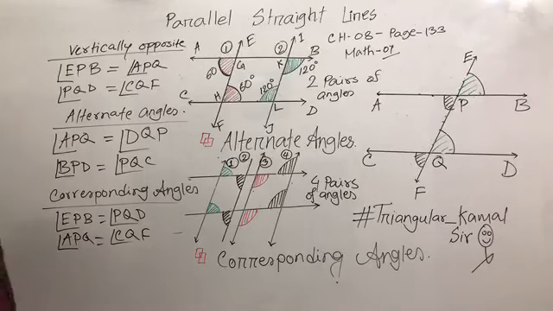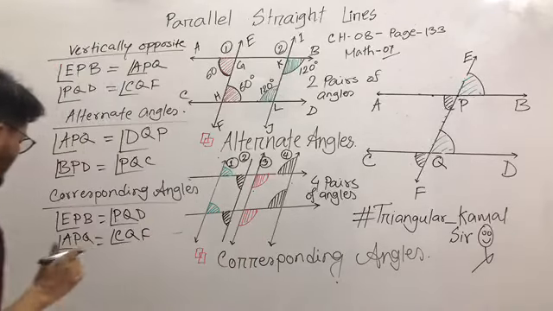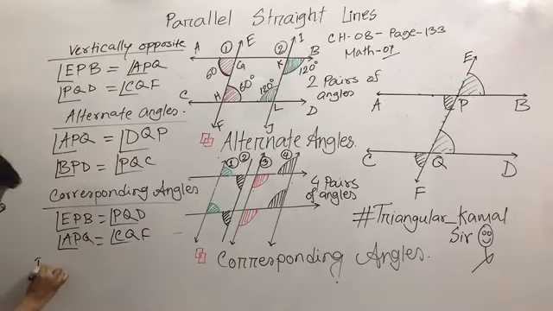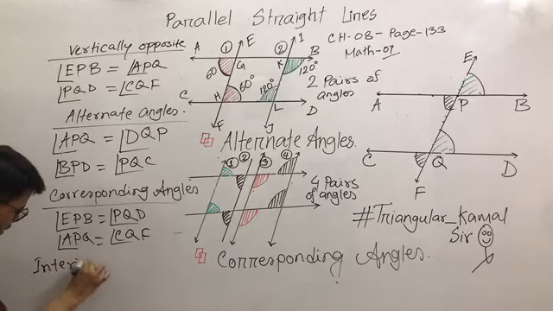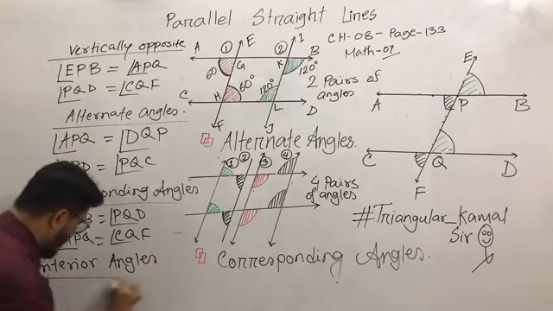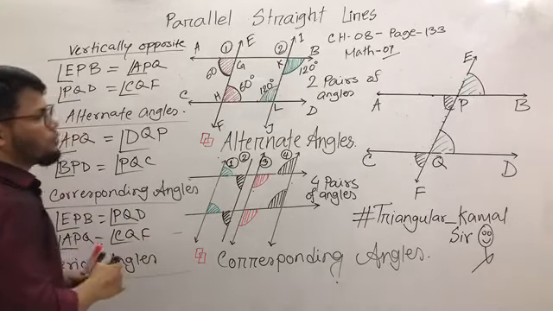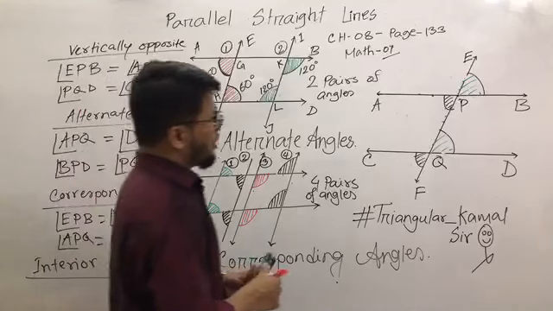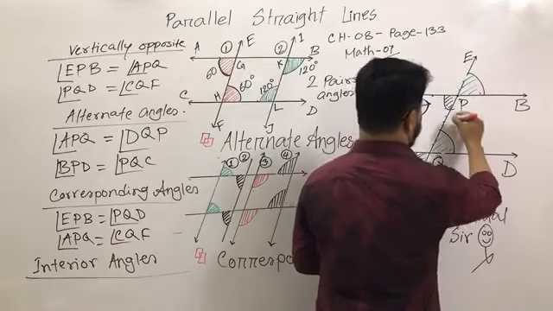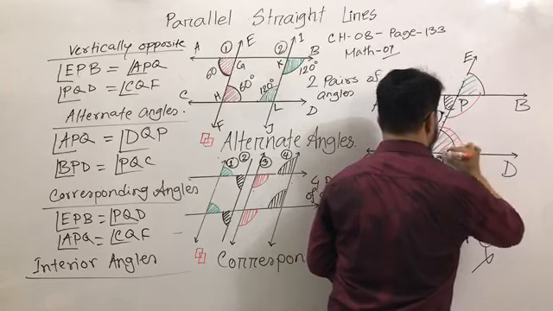Now come to your interior angles. Sum of two interior angles will be 180 degree. So now finally, interior angles. The interior angles may be equal or may not, but their sum will be 180 degree. This is the red color and this is the red interior angles.